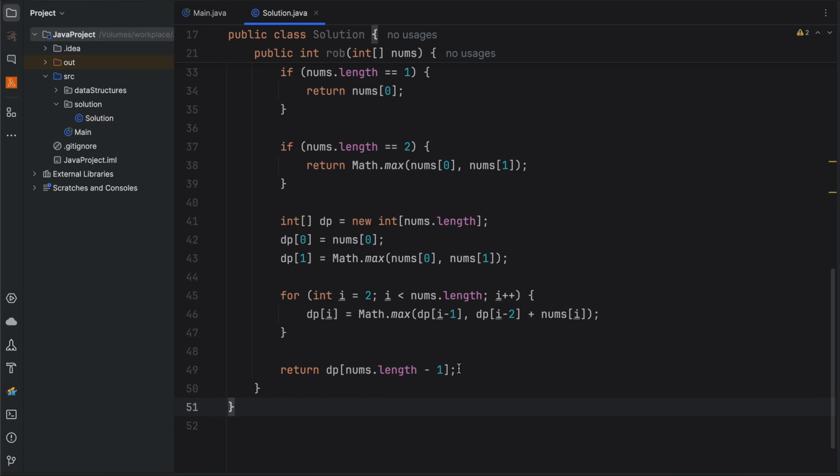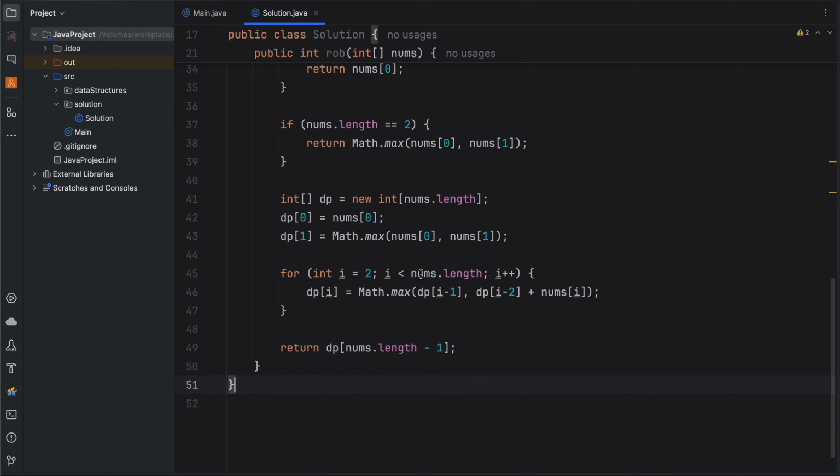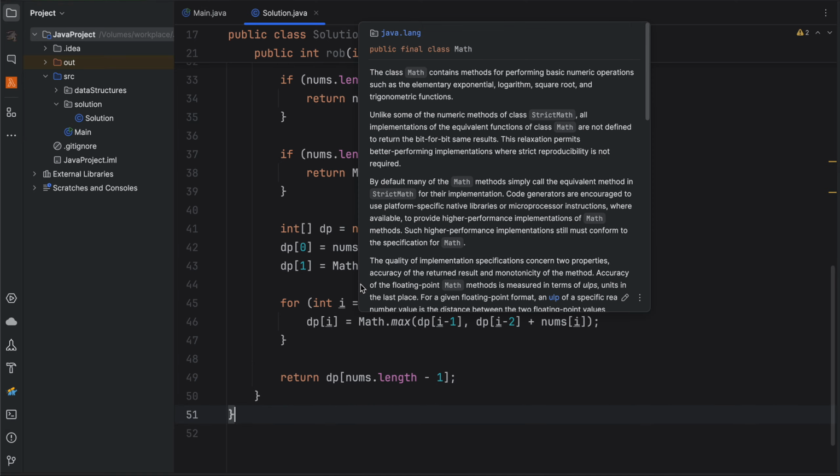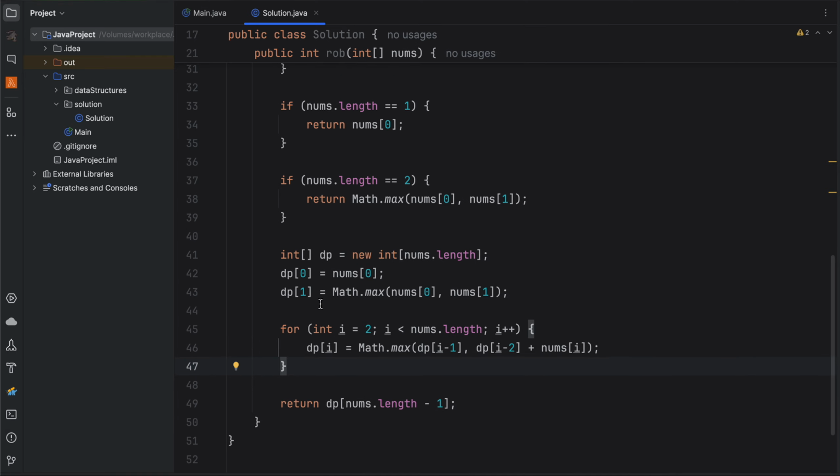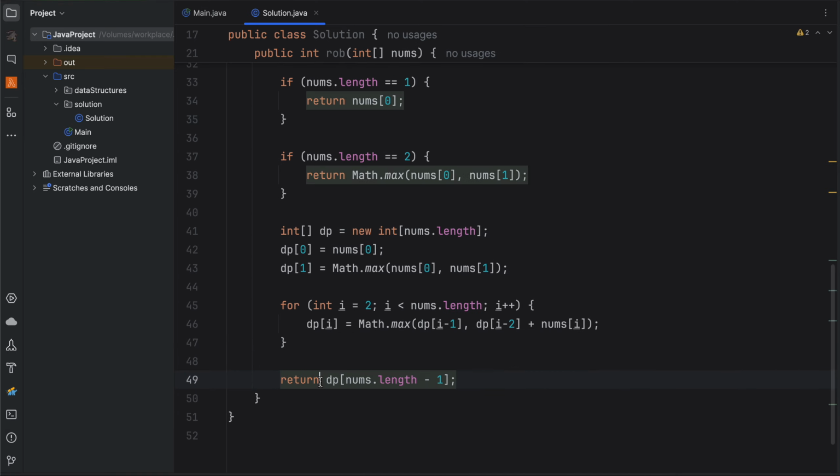And that's it. That should be the solution of this problem. We're going to test this solution shortly. Let's just quickly go again through this formula here. So the maximum amount of money we can get if the input array has only one element is to take whatever amount of money is provided in that house.